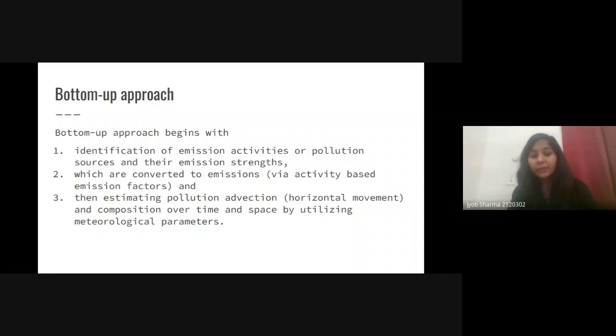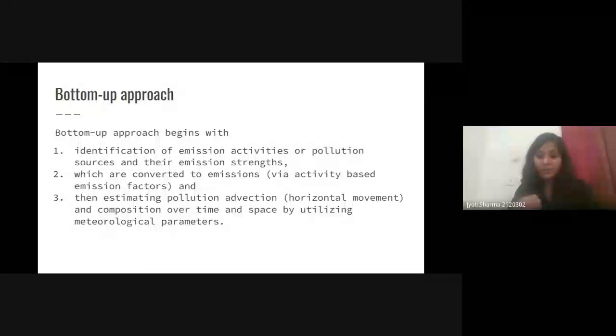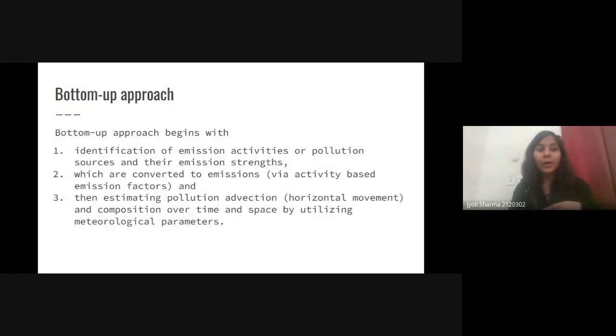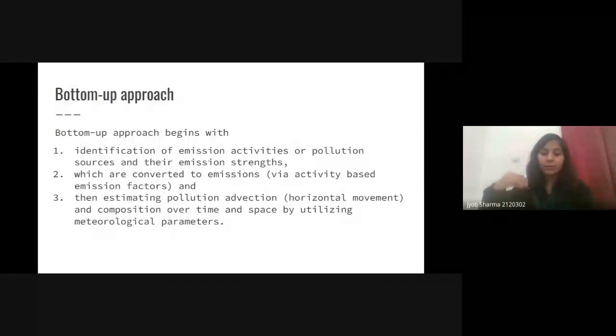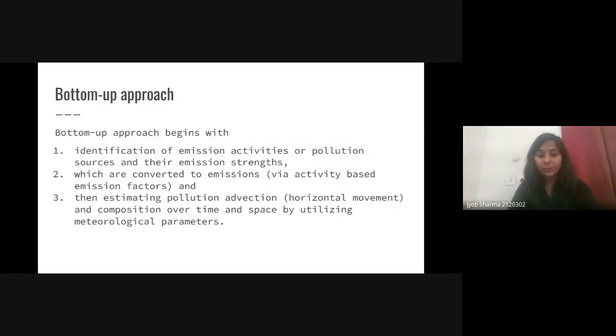Then you will convert it into the emission factors. Emission factors means whenever you are doing the combustion for, let's say, 1 hour, how much carbon dioxide will be released into the atmosphere. This is one example. So if you are doing the combustion, how much nitrogen dioxide will be released into the atmosphere.